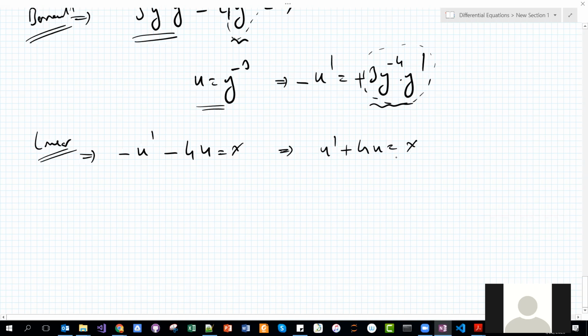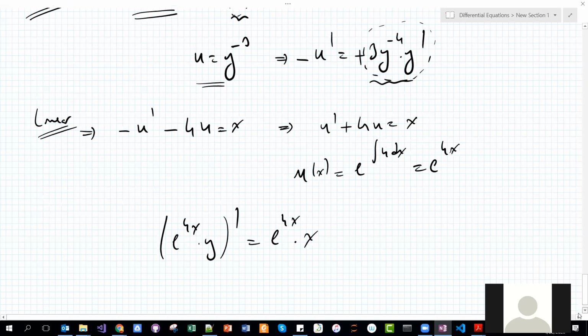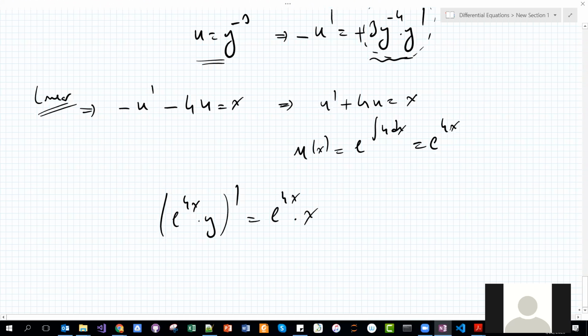And I need to use the integrating factor e to the integral of 4 dx, which equals e to the 4x. e to the 4x times u prime equals e to the 4x times x. I multiplied both sides by the integrating factor. Now it is time to take the integral: e to the 4x times u equals the integral of e to the 4x times x dx.